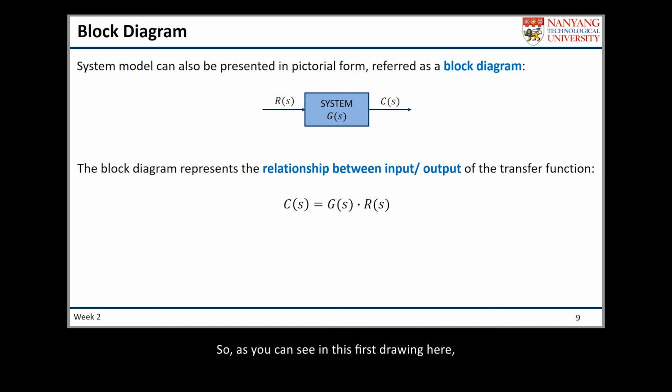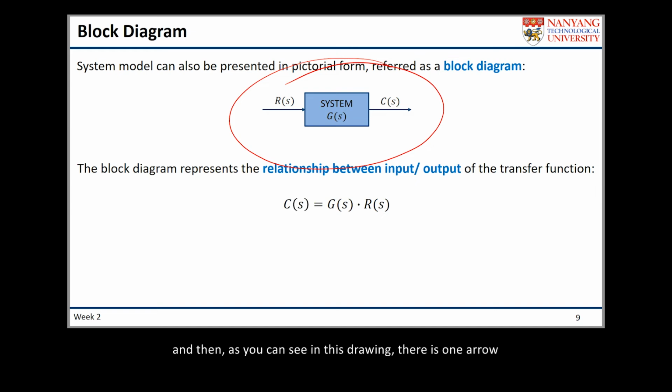As you can see in this first drawing here, there is a system which is represented by a transfer function. And then there is one arrow pointing to the system, which is indicated by R(s). R(s) represents the input, and on the other side you have C(s).